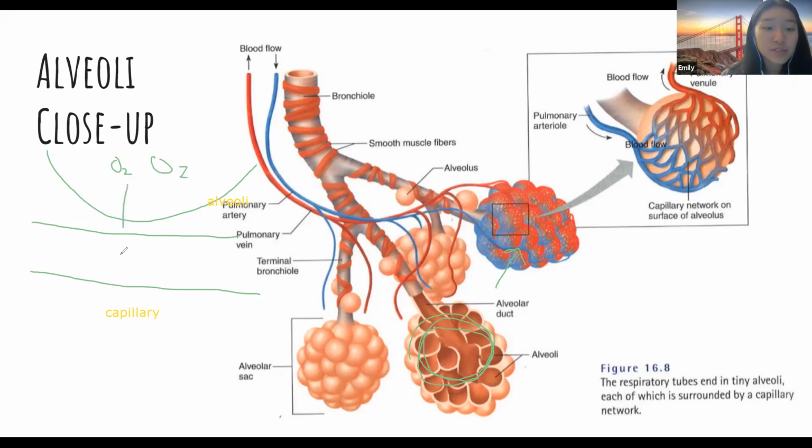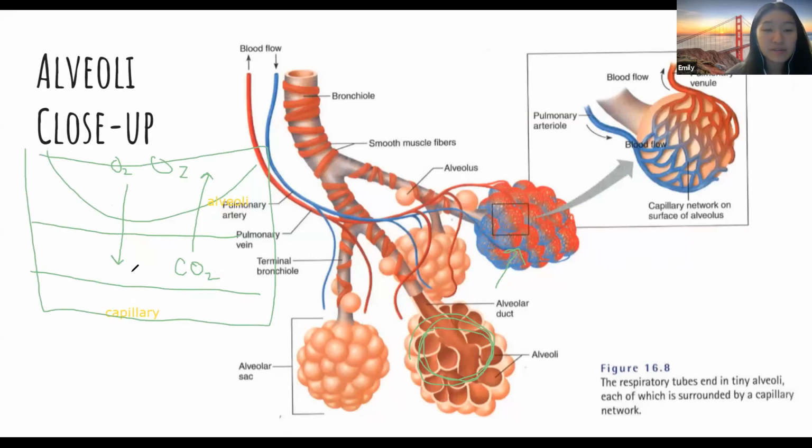So oxygen is going to diffuse into the capillary, and there's a lot more CO2 in the capillary because this is the blood that came from all over your body. All of the cells were producing a bunch of CO2, and now we need to get rid of it. So the high concentration of CO2 in the capillaries is going to diffuse likewise into the alveoli. So this is gas exchange. What I've drawn here is gas exchange.